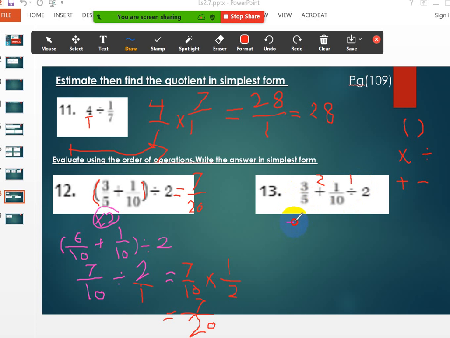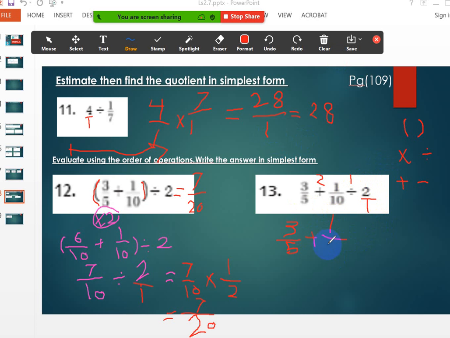I will take 3 over 5 and write it as it is, plus. Now, I want to divide both numbers. That means I will use the multiplicative inverse. So this one will have 1 in the denominator. So now I will convert from the division to the multiplication.